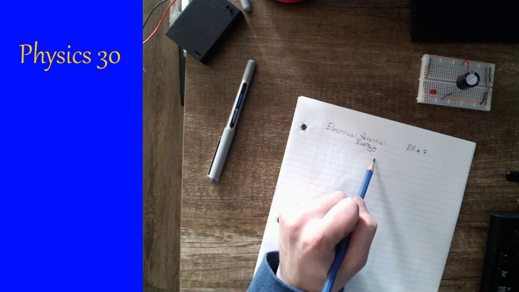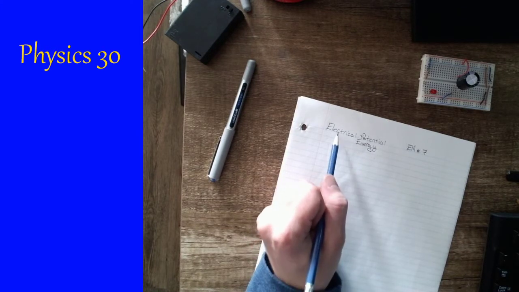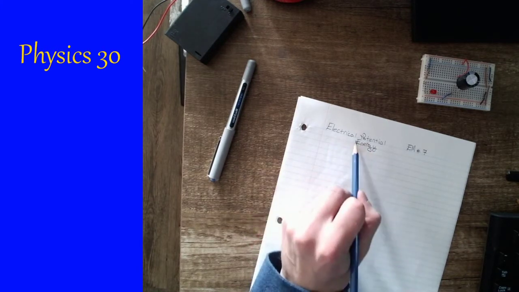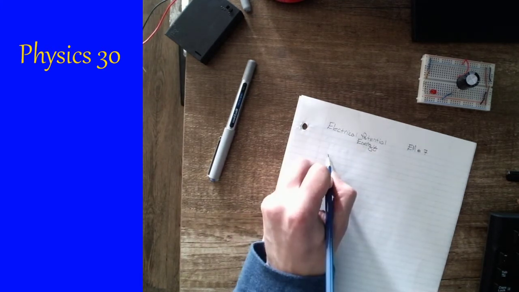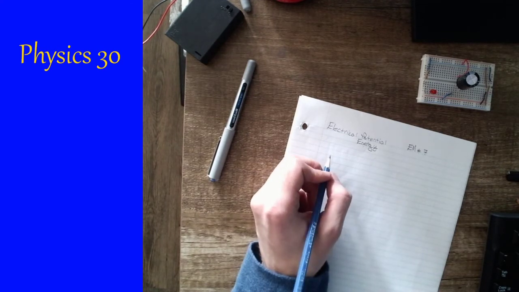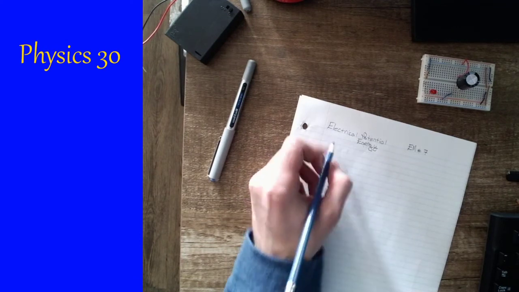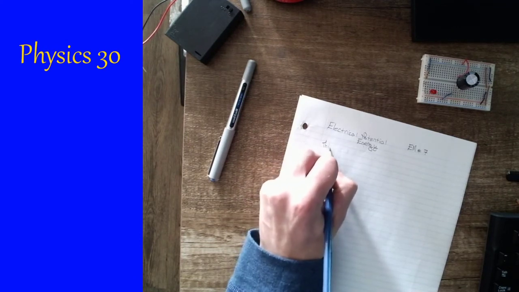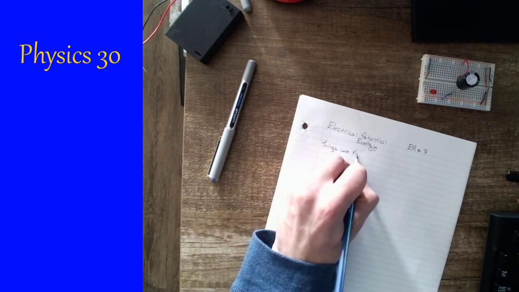So the electrical potential energy has to do with the idea that it's going to take some energy to move electric charge. And so I want to start with a few of the things that we absolutely know. So, things we know.